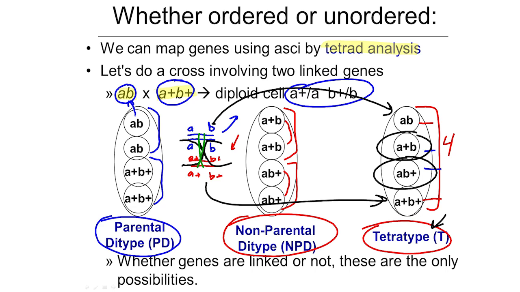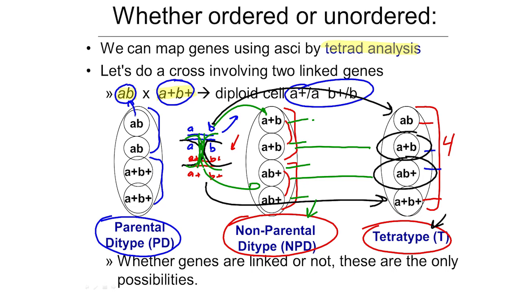And now we're going to get another A plus and B, and another A and B plus. Look, before, we had two recombinants. Well, we have two recombinants again, but now we have two more because that same crossover happened again with the other strands. So the bottom line is a non-parental ditype represents every single one of those spores in there, all four of them are recombinant ones.